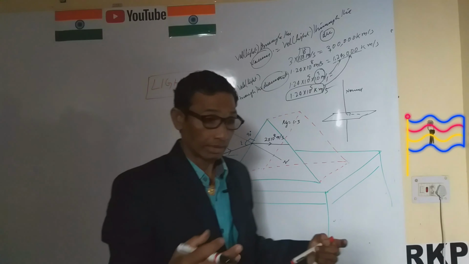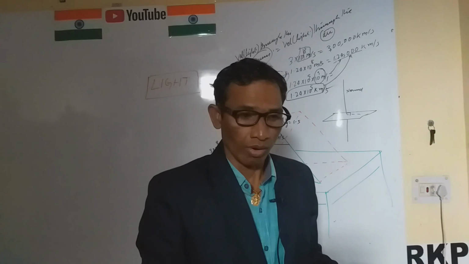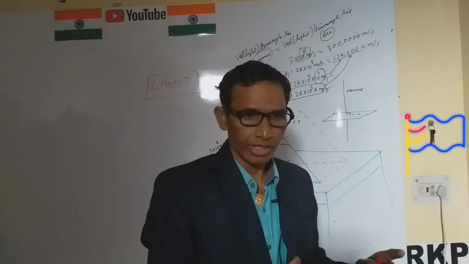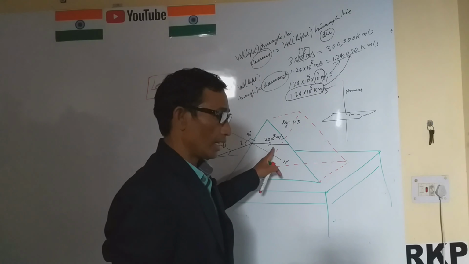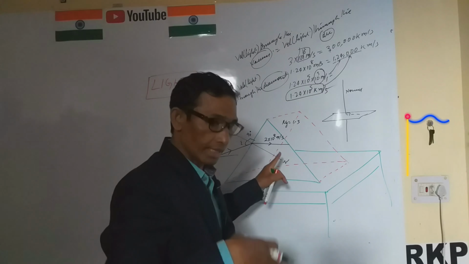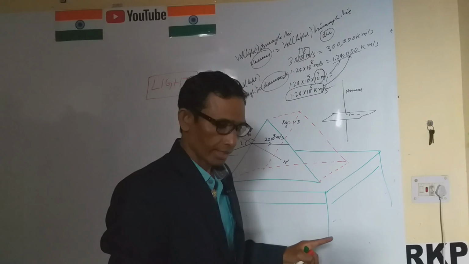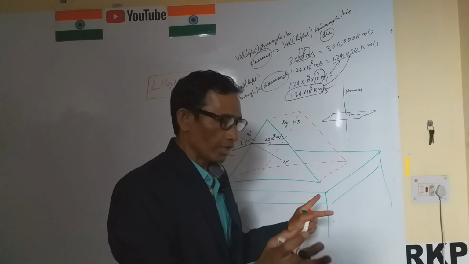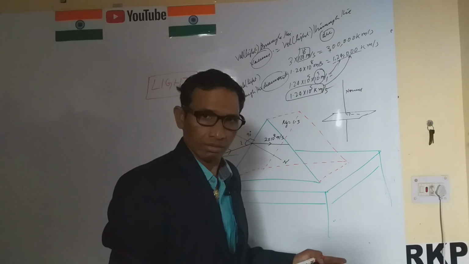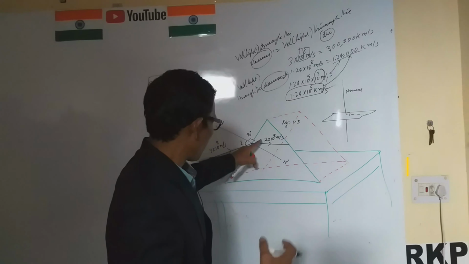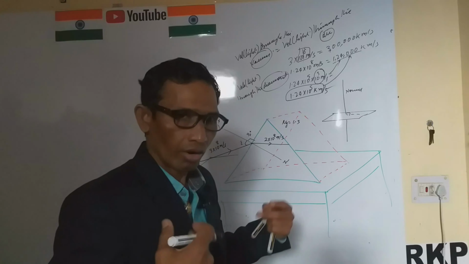Diamonds glitter throughout the world because of the refractive index and the critical angle. The greater the refractive index, the lesser the critical angle. In this case, the diamond glitters so spectacularly, so we use diamond as a glittering thing in our ornaments.